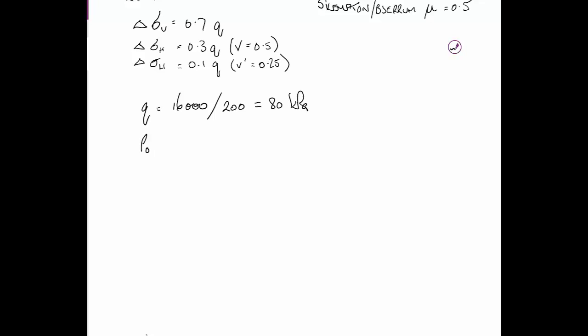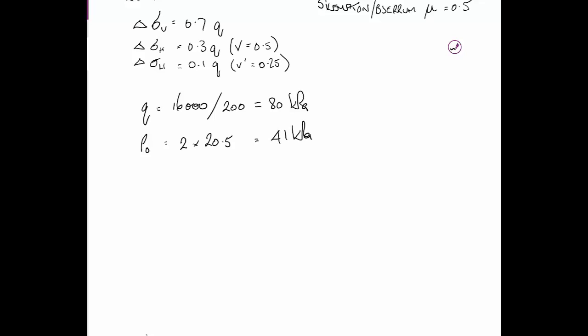And we've got the total overburden pressure at the footing base. That's the stuff we're going to remove to excavate to put this raft in. That equals 2 metres by 20.5 kilonewtons per cubic metre, equals 41 kilopascals.